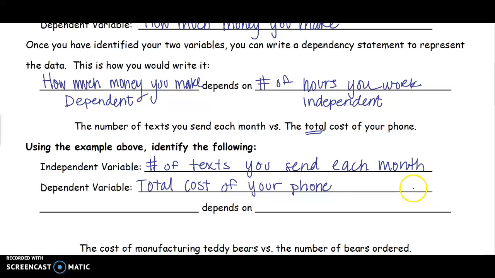So for our dependency statement, remember the dependent variable, whatever you wrote there goes first. So in this case, it's the total cost of your phone. And that's going to depend on the number of texts you send.